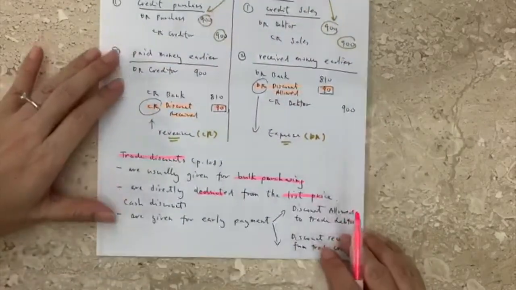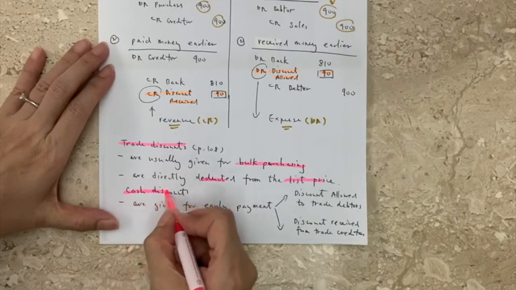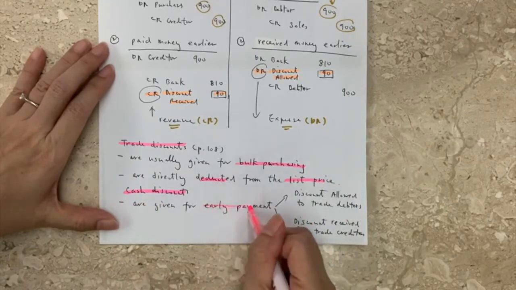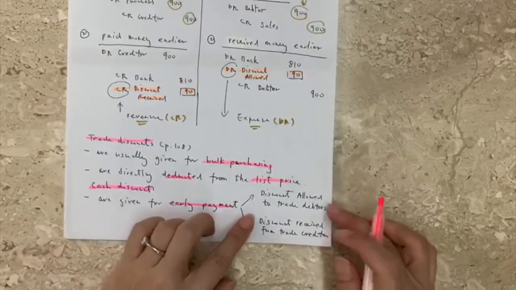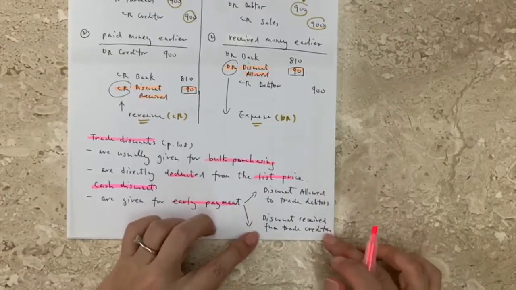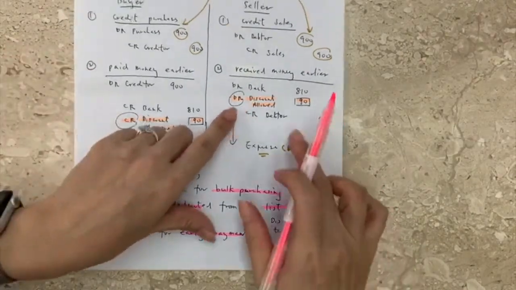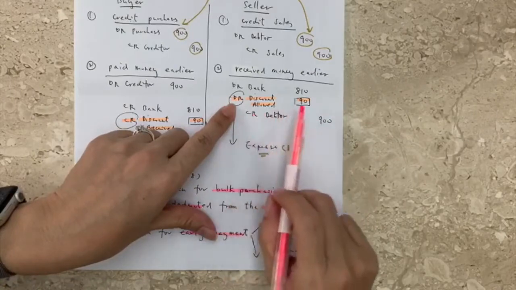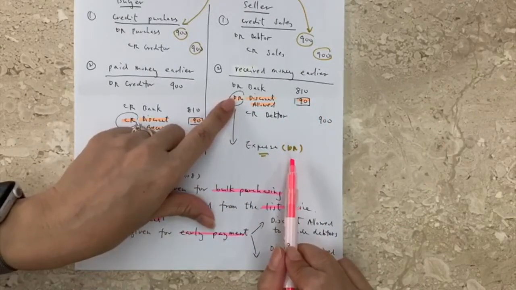All right, another one is cash discounts. The purpose of cash discount is for early payments. There are two kinds of cash discounts: one is discount allowed, one is discount received. Discount allowed is allowed to the debtor, which is a kind of expense, and therefore it is a debit item.